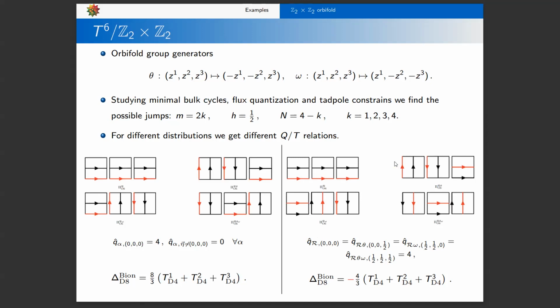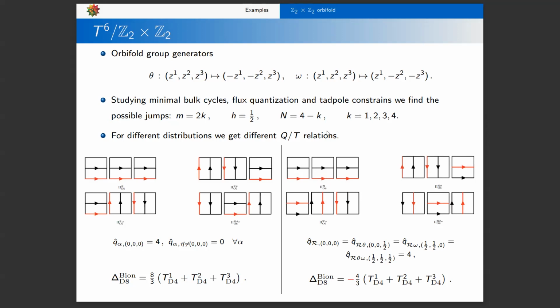But if we consider a very similar case, but locating the D-branes in a slightly different manner, so the contributions are the same, but correspond to D-branes that are not intersecting but are parallel in one of the tori, we get this system. For example, this one and this one, this pair will contribute since they are intersecting in 2 of the tori and are parallel in the third one.